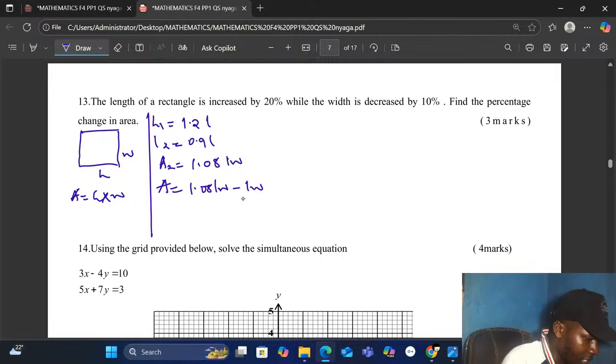This is now the new area, 1.08 LW. Then we subtract the actual area, which is length width. 1.08 minus 1. We factor out, but we now look for the percentage change.